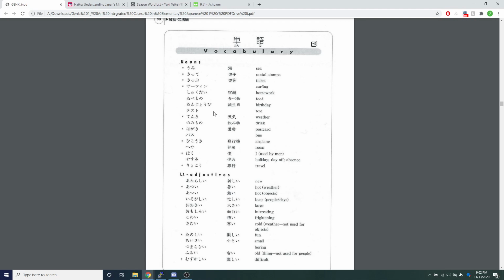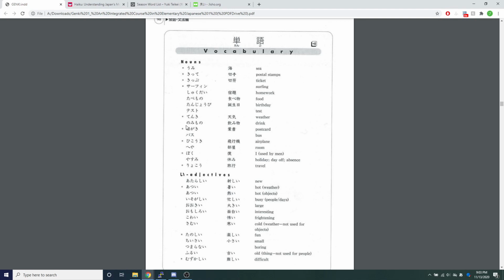So keep that in mind. Tenki is weather. It's kind of interesting compound. The first bit here, ten, means heaven, and ki means air. Nomimono, we just went over. Hagaki is postcard. Ha means leaf, and gaki comes from kaku, or kakimasu, meaning to write.